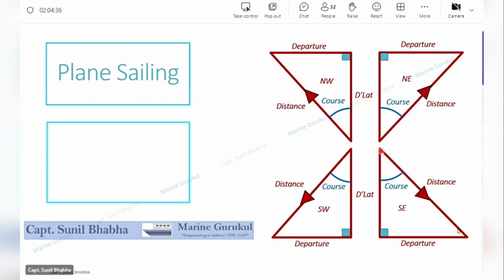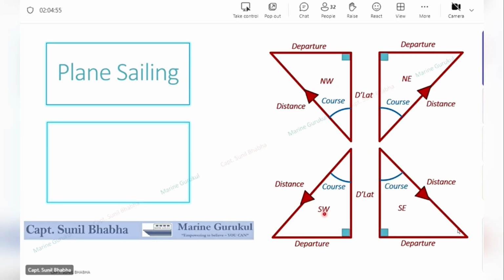If the ship is traveling in the southeasterly direction, we use this particular triangle. This side is the distance, horizontal side is the departure, vertical side is the D-lat. The course used here is the quadrantal course, south so many degrees east.